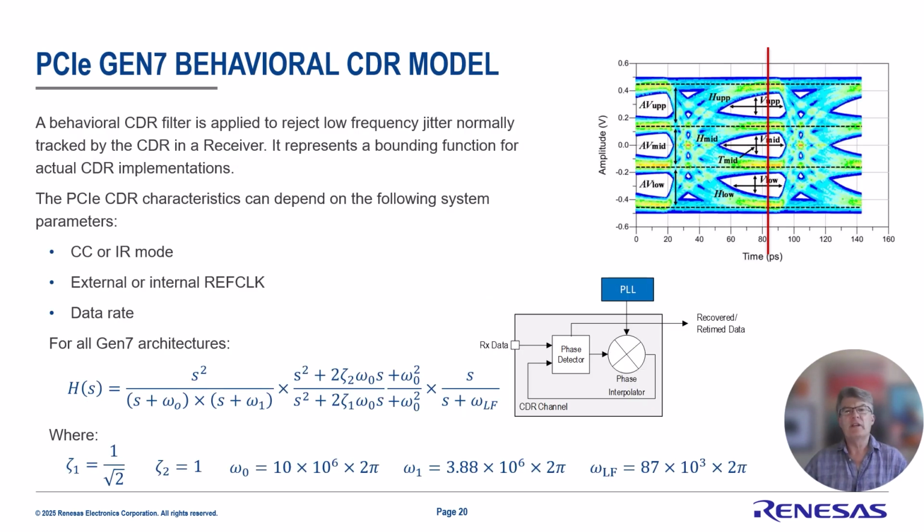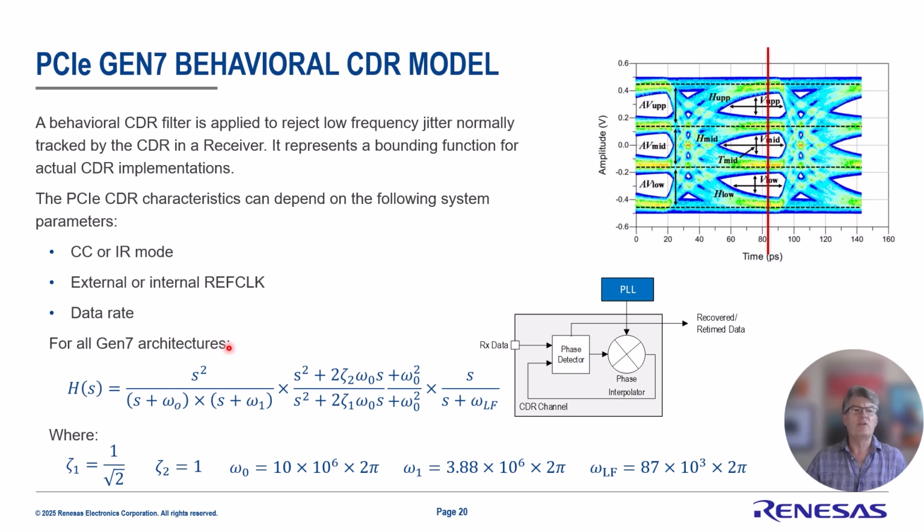So the behavioral CDR model for PCI Express Gen 7 is also the same basic model for PCIe Gen 6. The only difference is in some definitions of frequencies. So for PCIe, the clock and data recovery specification depends on not only the data rate being supported, but whether you're in common clock or IR mode, whether you're using an external or internal reference clock.